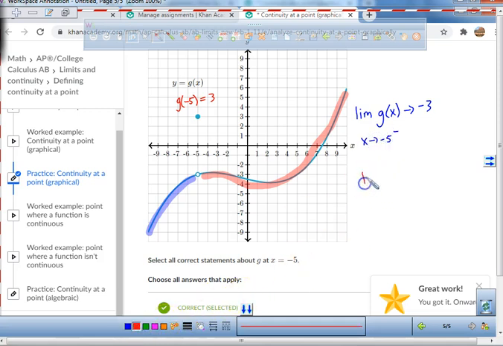And then we would say the limit of g of x approaches -3 as x approaches -5 from the right.